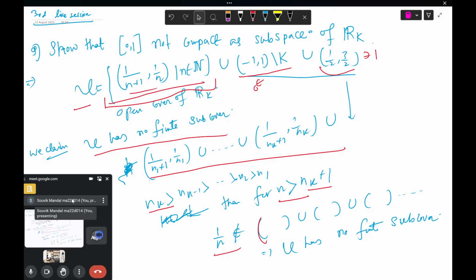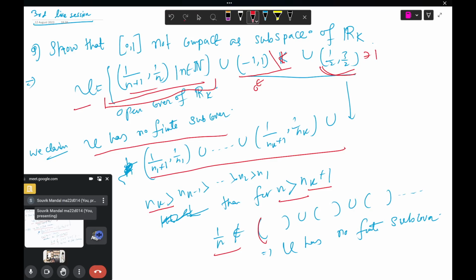Sir, the cover which we defined is the union of (1/(n+1), 1/n), the union of (-1, -k), and the union of (1/2, 3/2). Sir, 1 belongs to the set.